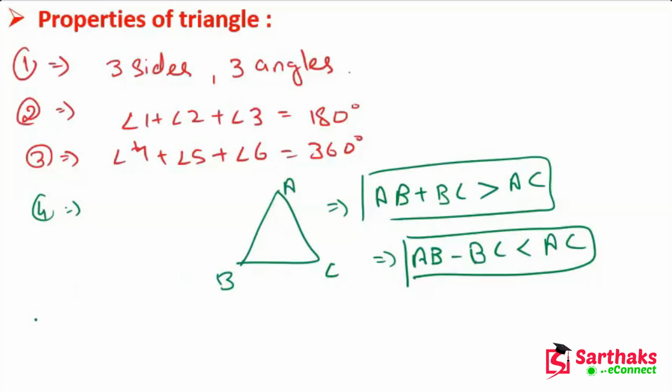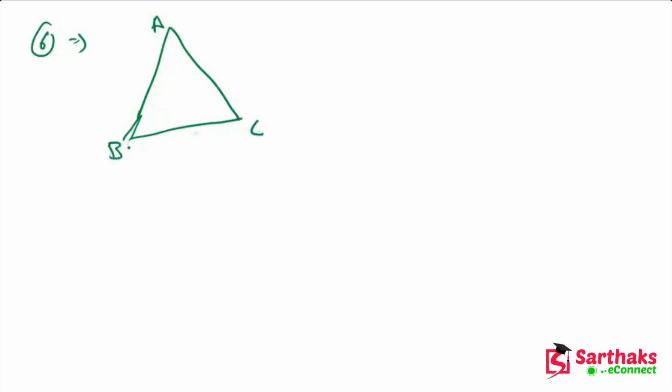Now the sixth property is that the shortest side is always opposite the smallest interior angle. Let's do it in the next slide. Let's suppose we have a triangle A, B and C. The shortest side is always opposite the smallest interior angle.